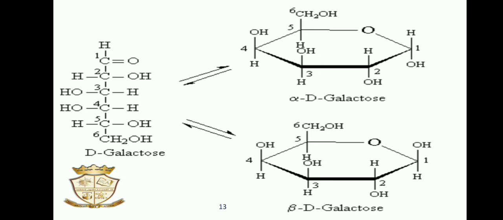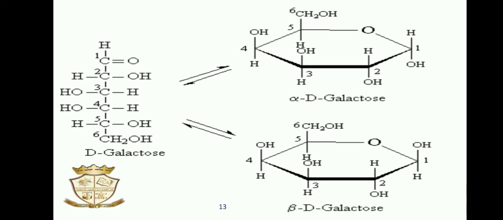For the beta L-galactose, use the Fischer projection formula of D-galactose to draw the correct Fischer representation of L-galactose, which is its mirror image. The hydroxyls at C2, C3, C4, C5 are on the left, right and left sides respectively.